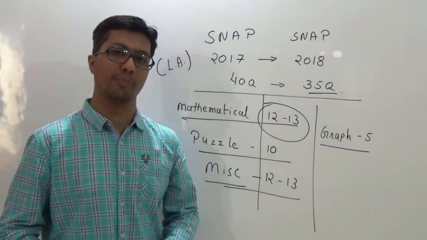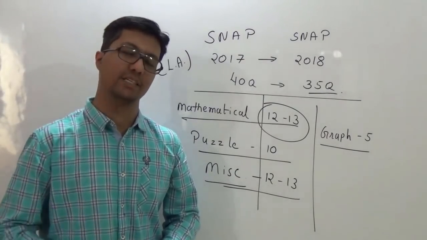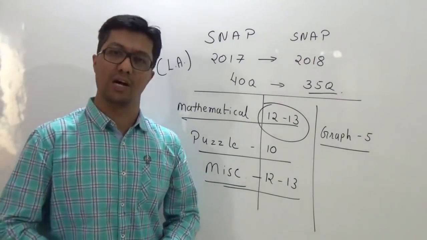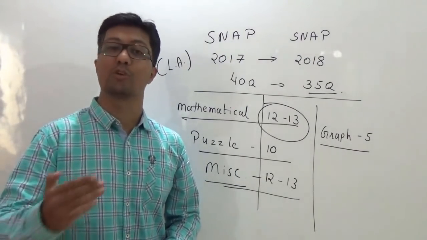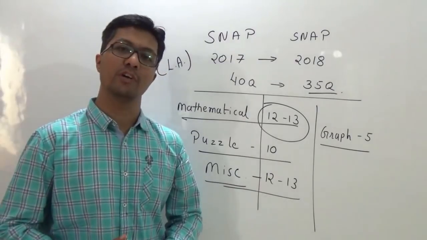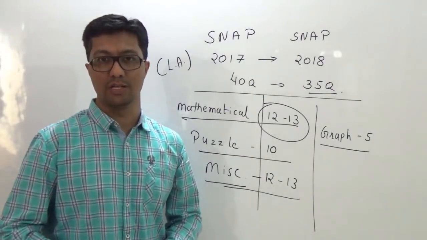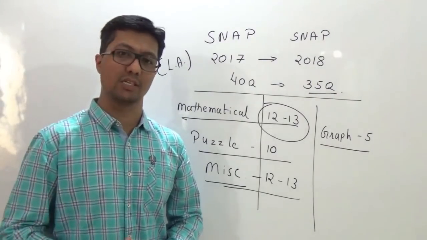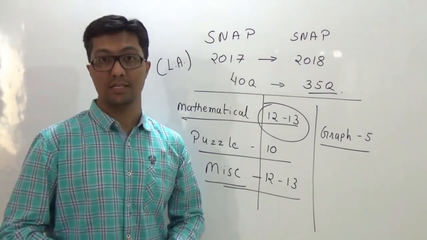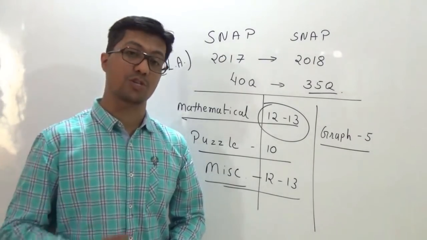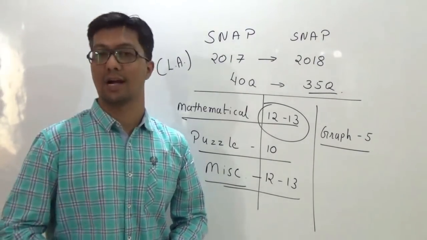One thing in the SNAP paper to keep in mind is, the SNAP examination is a speed-based exam as you have more questions compared to the number of minutes. To be precise, there will be 130 questions that you need to solve in 120 minutes. That means per question you have less than a minute, and the question has to be solved within that time.